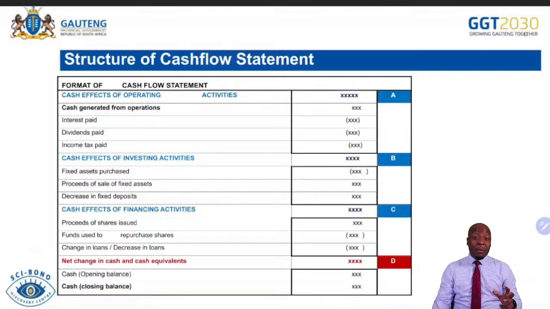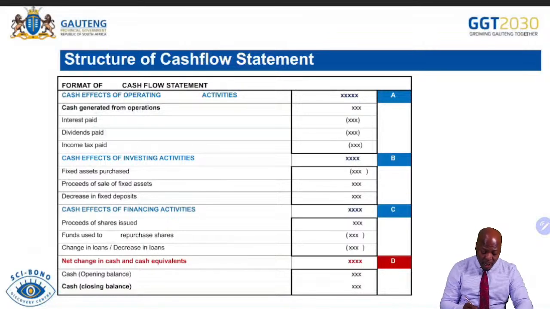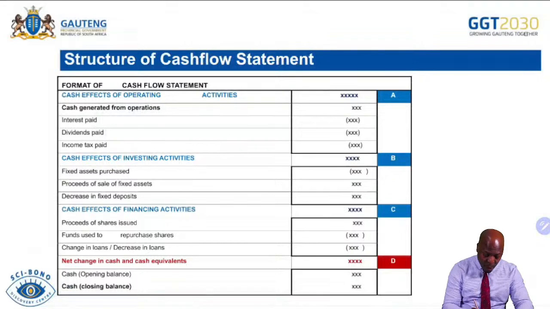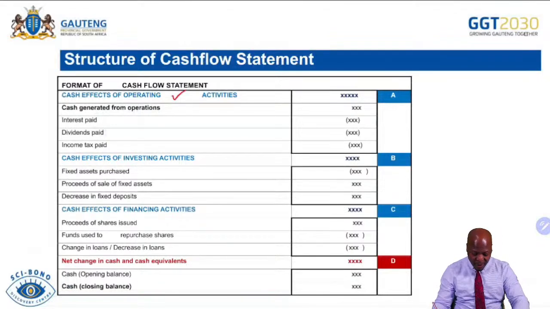So your cash flow statement, remember, it is split into three main segments. The first part is your cash effects from operating activities. That is what you see over here, your cash flow from operating activities. And then after that, you have your cash effects from investing activities, and lastly, cash effects from financing activities.